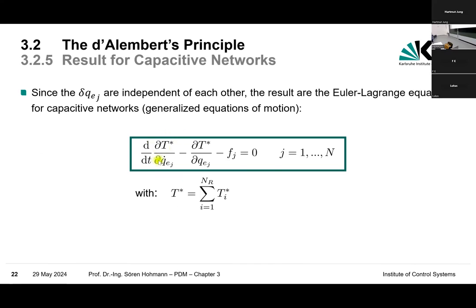You have to derive partially the total energy of the system. T, remember, T is the symbol for kinetic energy. You derive the kinetic energy with respect to q_j dot.